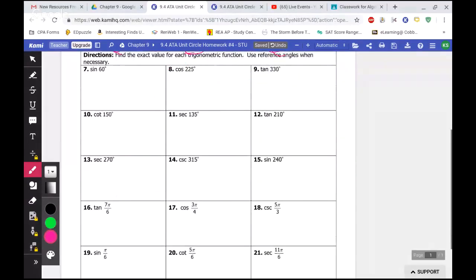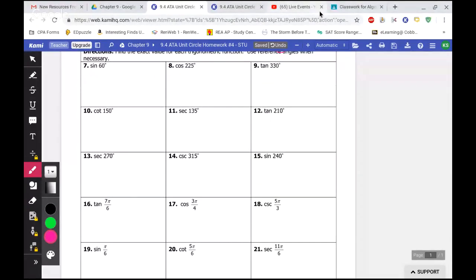Okay, so sine 60. I pulled up the unit circle also on this to help us out, to look at how we can do this a couple of ways. I'm going to draw the reference angle for sine 60.